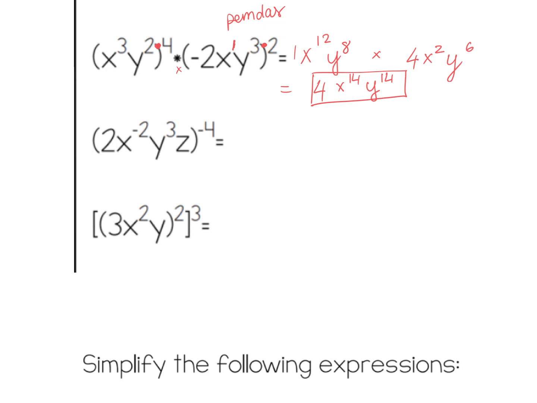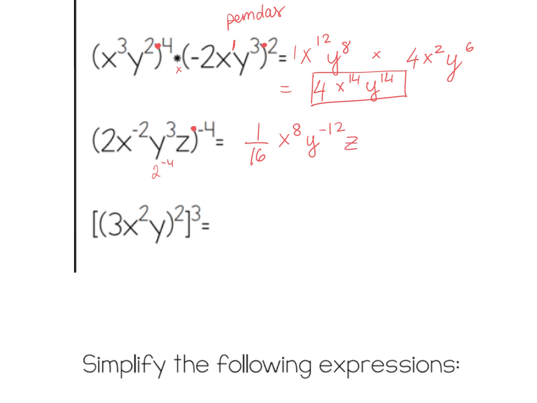Next will be 2 to the power of negative 4. And then you can use the calculator for this, and your answer will be 1 over 16. X to the negative 2 times the power of negative 4. So negative 2 times negative 4, you get positive 8. Y to the negative 12, because 3 times negative 4 is negative 12.